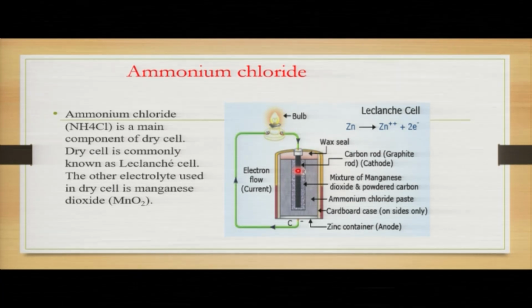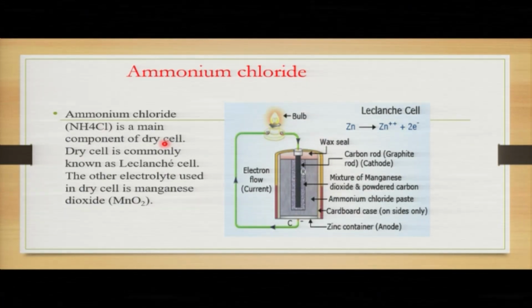Ammonium chloride, that's another use that we will need to look at. Ammonium chloride is a main component of dry cells. If you have torches, these torches commonly use dry cells, which are called Leclanché cells.